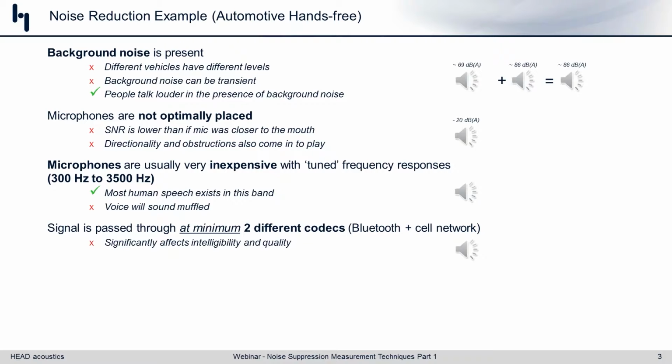So we're going from a Bluetooth to an RF codec, two different codecs, we can end up with a significantly degraded signal that will impact our intelligibility and our quality. And then at the very end, what we also have to remember is we need to apply some noise reduction and some noise suppression.